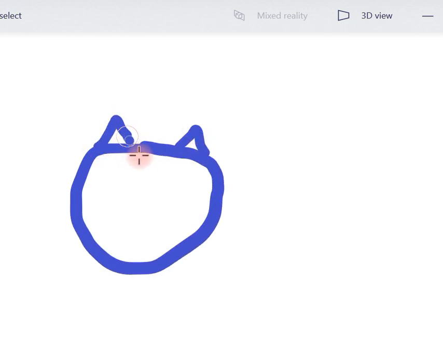I'm not good at drawing on the computer, so forgive me, please. There you go. It's not even like a cat, right? I don't know if it's a cat or not, but just don't care about it, please.